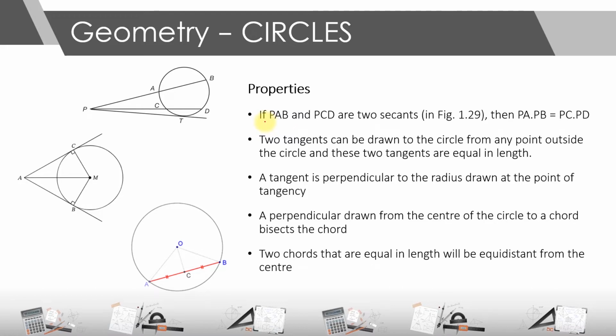So suppose we have a circle and there is a point outside the circle. So this point P. Now if I am drawing 2 secants from this point P to the circle.